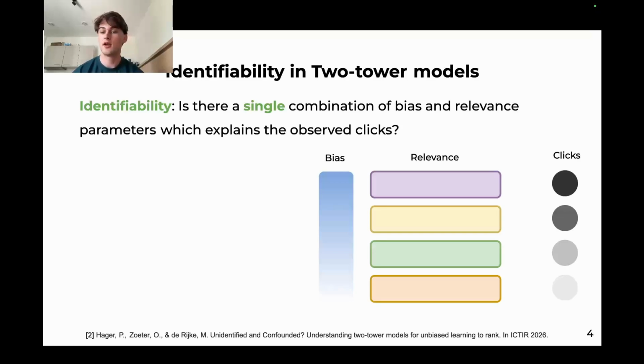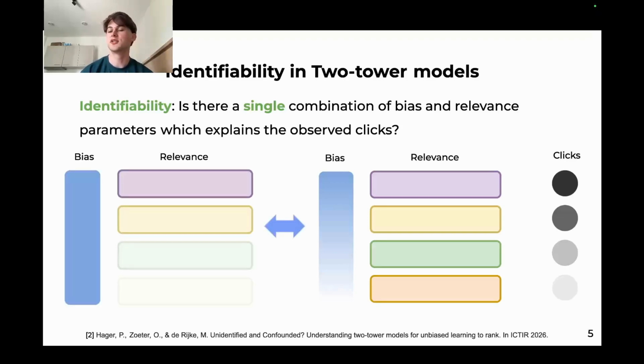We then consider an example for how these clicks might be explained from a combination of bias and relevance. On the left side, we see the bias, and it's a shaded area that gets lighter as it goes down. So position bias decreases with a lower position, and the relevance remains constant for these 4 documents.